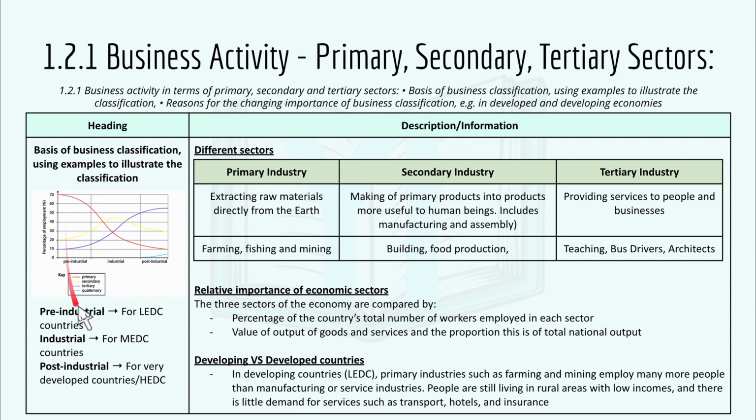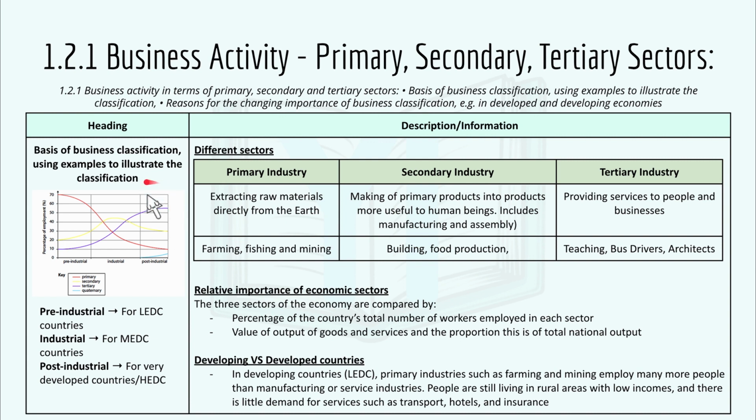And it's divided into three different sections: pre-industrial, industrial, and post-industrial. And pre-industrial is mostly for LEDCs, less economically developed country. And as you can see, as I mentioned here just now, the primary industry is the sector that employs the most people. And for the industrial areas, for MEDCs, for more economically developed country, there starts to be a fall in the primary industry and a rise in the secondary industry as well as the tertiary, depending on the stage.